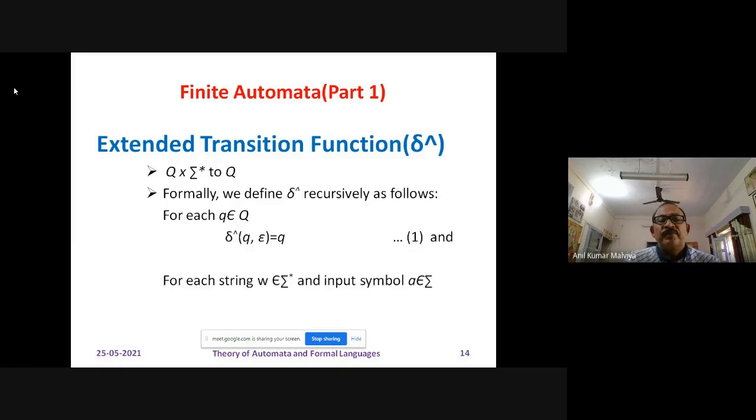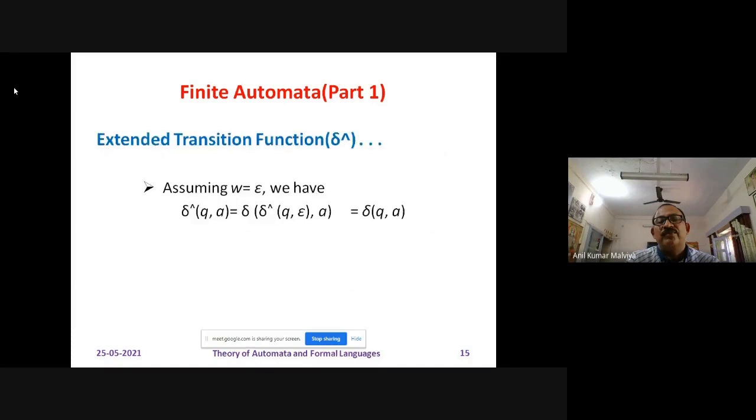Next, for each string W, which is an element of sigma star, and input symbol A, which is an element of sigma, we define delta cap of Q comma WA is equal to delta of delta cap of Q comma W, A. Now, assume W is empty.